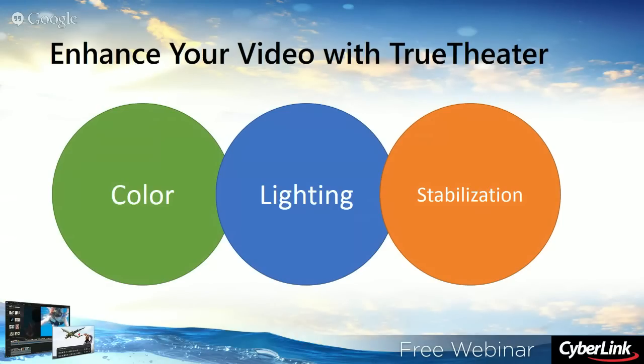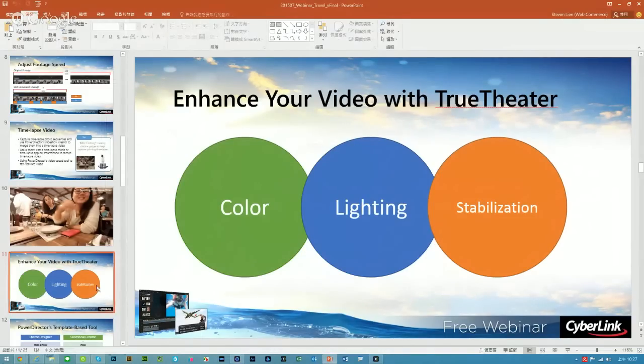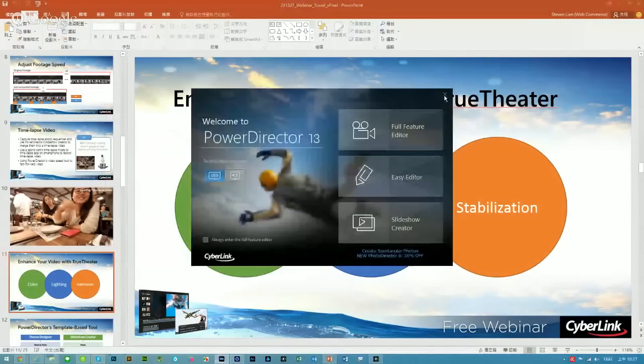If you have an extreme backlighting issue or the light is just overexposed, you can heal the lighting. The third is stabilization. If your hands are shaking, you can use the stabilization tool to make it less shaky. Okay, so we'll give you a quick hint of how to use PowerDirector to do this.